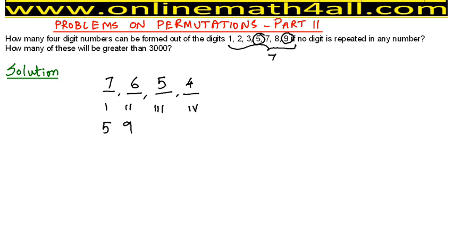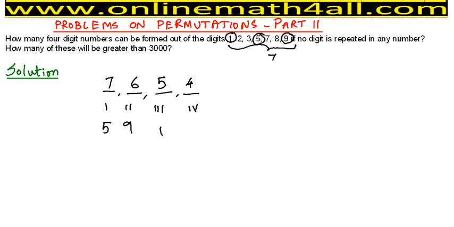Then 5 and 9 cannot be used for the third or fourth blank. So for the third blank we can consider the remaining digits, 1, 2, 3, 7, 8. Only these 5 digits can be considered for the third blank. I assume 1 is fixed in the third blank.